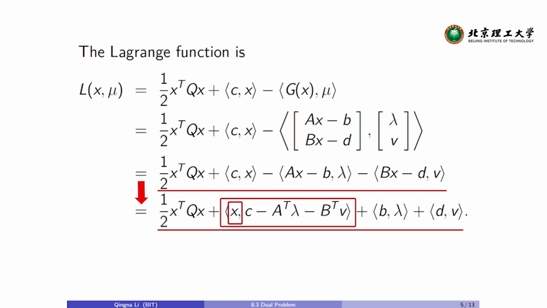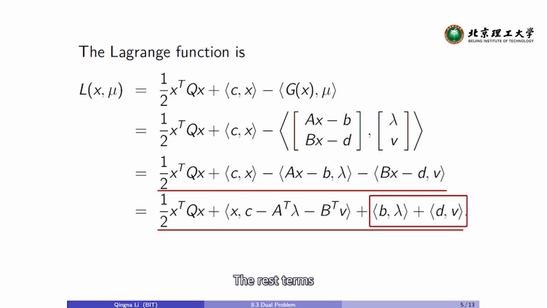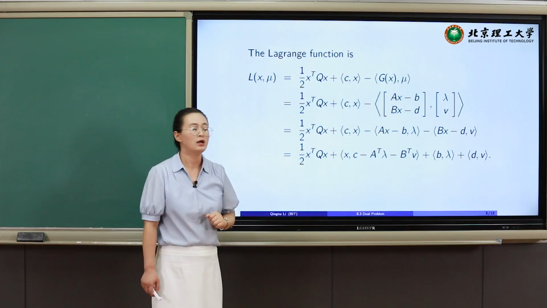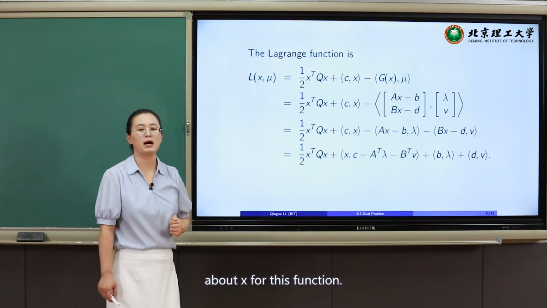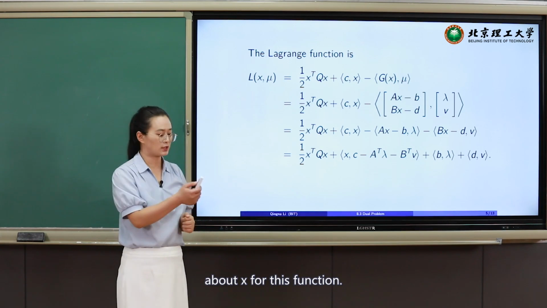Then this becomes the linear term about x. The rest of the terms are all constant with respect to x. After that, we are ready to take the infimum about x for this function.